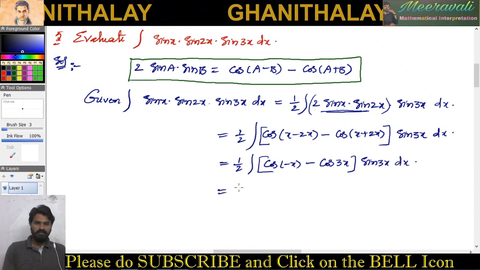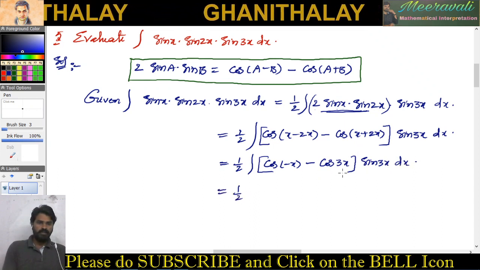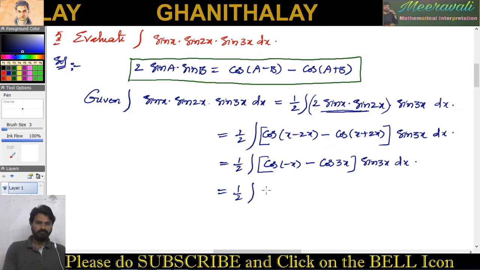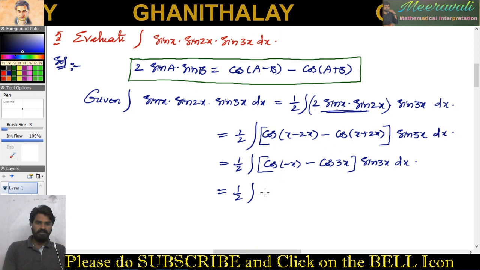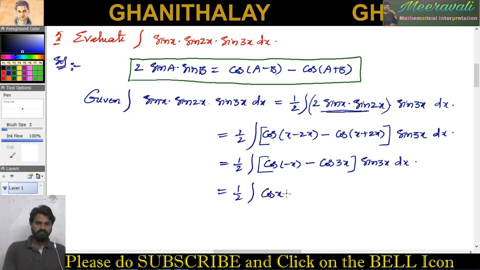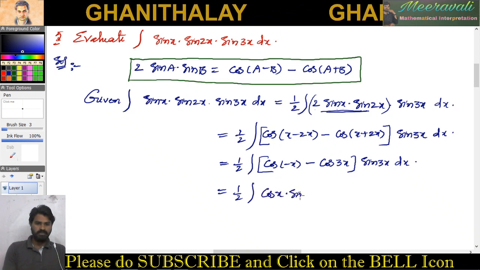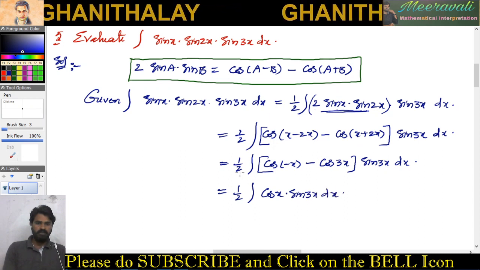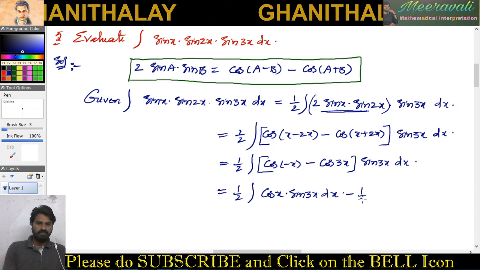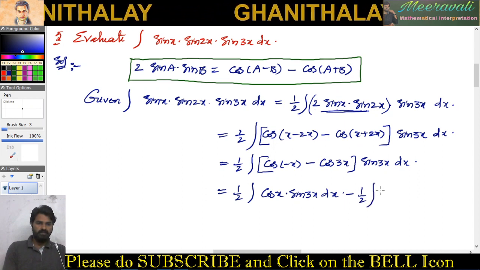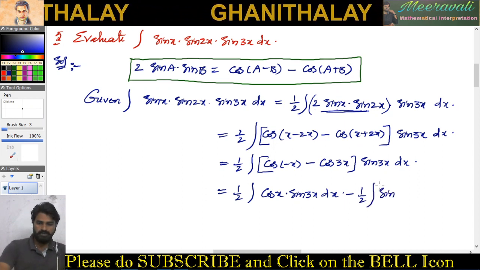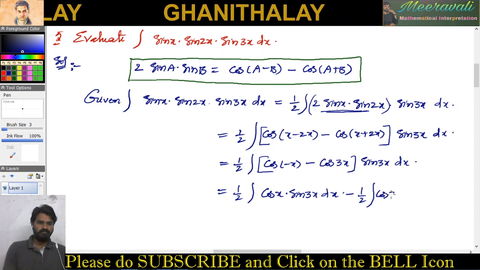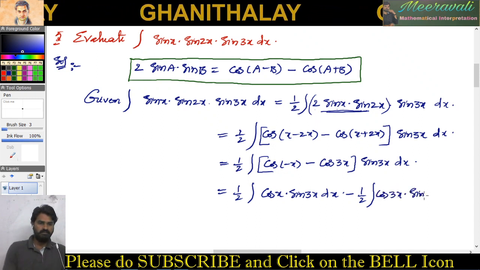Now multiplying here by cos 3x, and you can get here integral of, so cos of minus theta means cos theta into multiplying by sin 3x, you will get this one. So this is the first one, and separating 1 by 2 also, 1 by 2 integral of cos 3x into sin 3x.